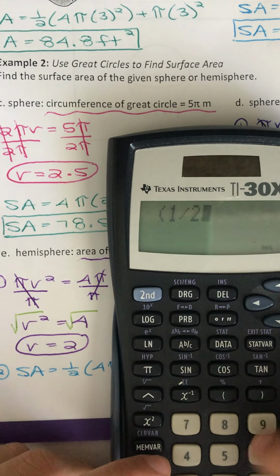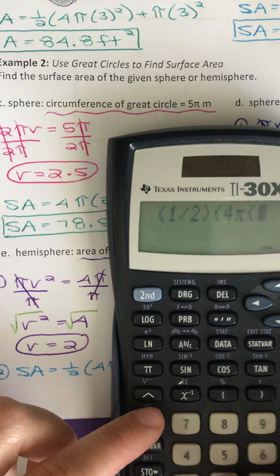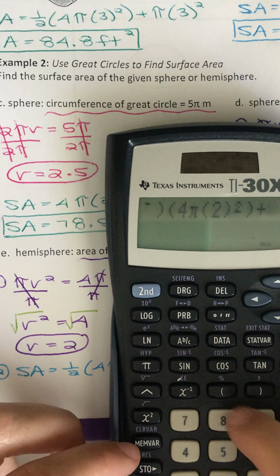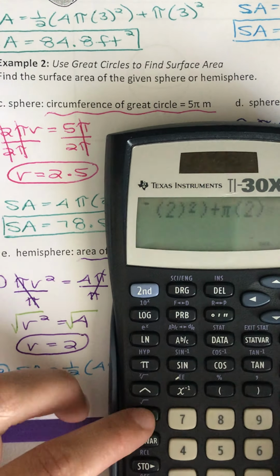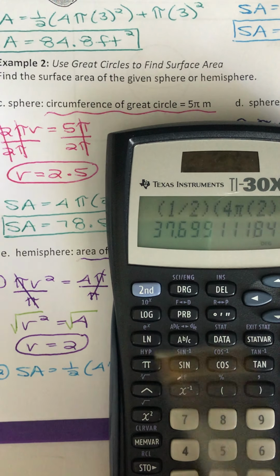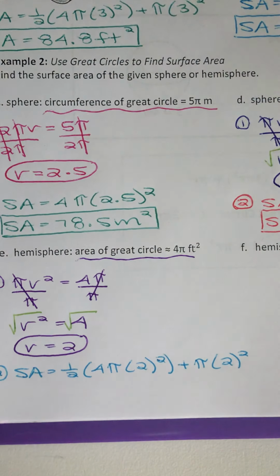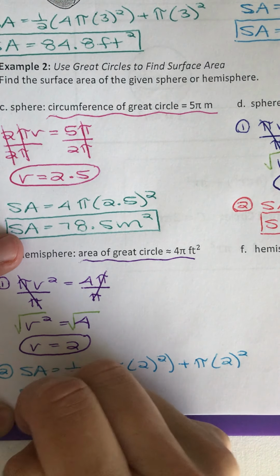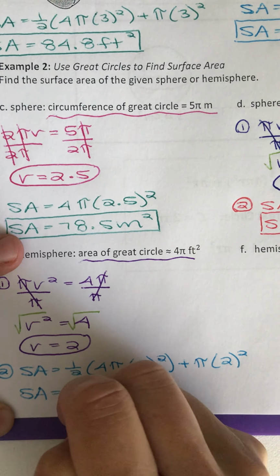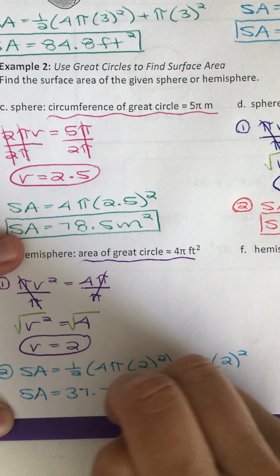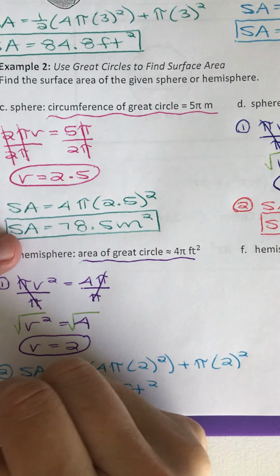Plug the whole thing in. 1/2 4 pi 2 squared plus pi 2 squared. And you get 37.7. And it's feet squared.